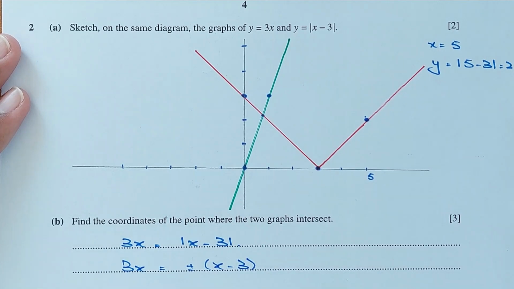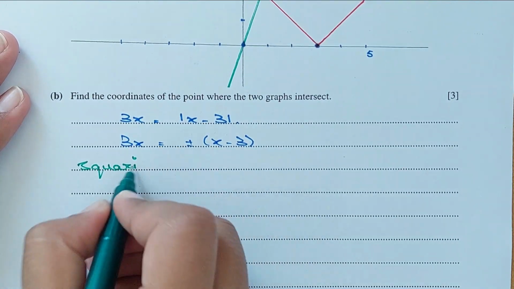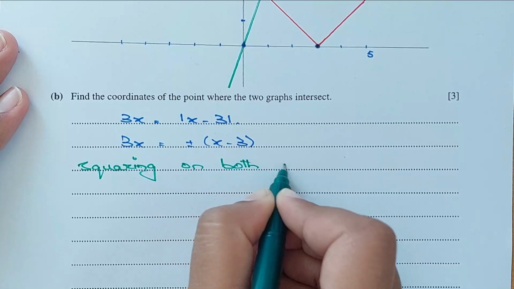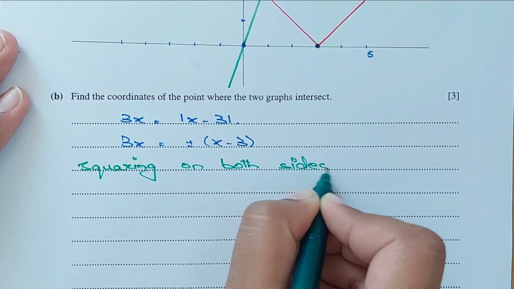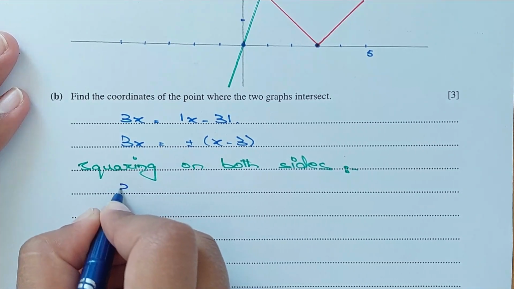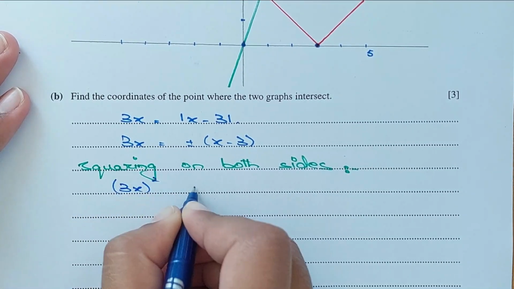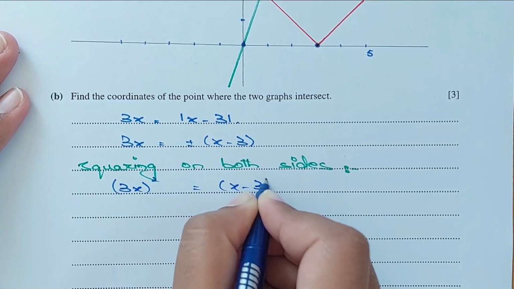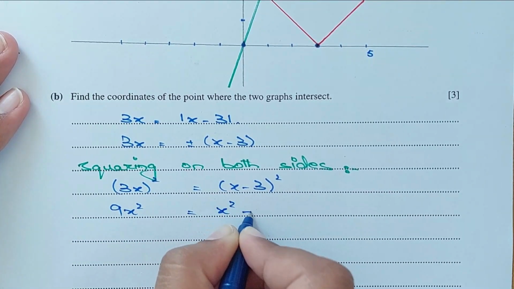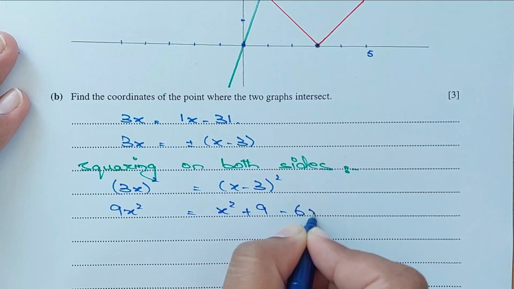Let me square both sides in order to get rid of the plus or minus. So this would be (3x) squared equals (x minus 3) squared, so 9x² equals x² plus 9 minus 6x.